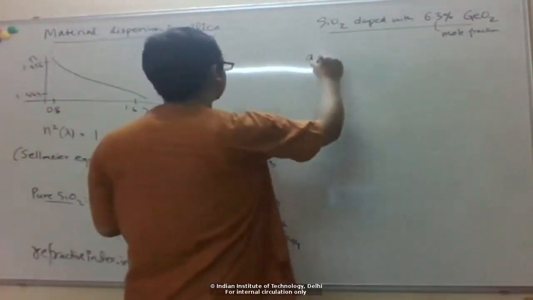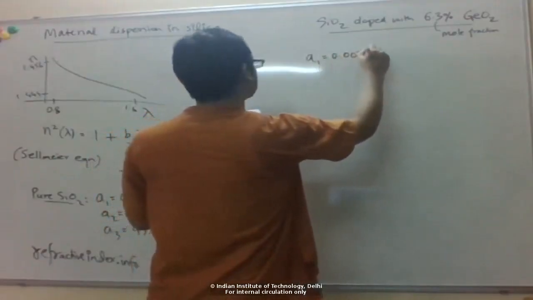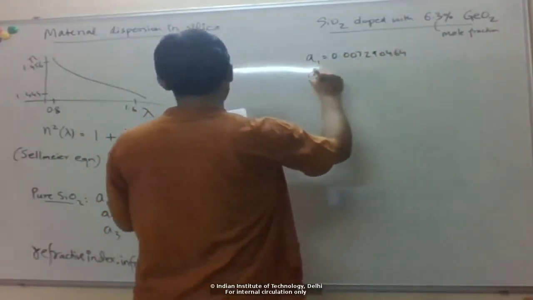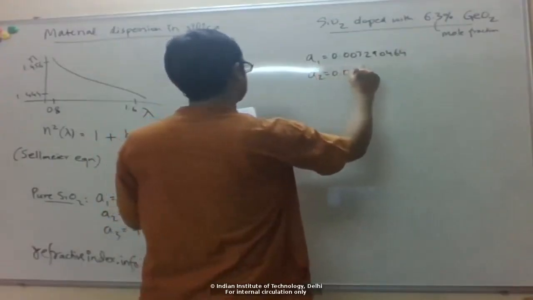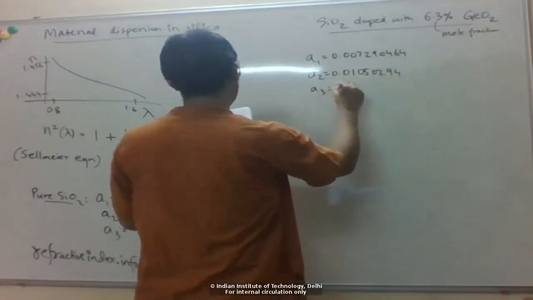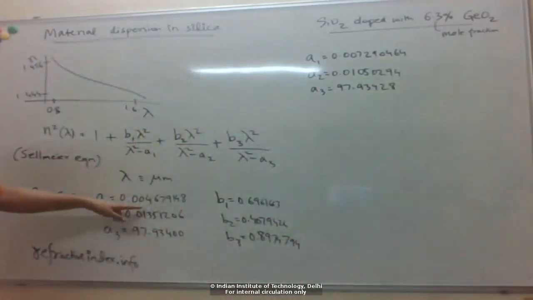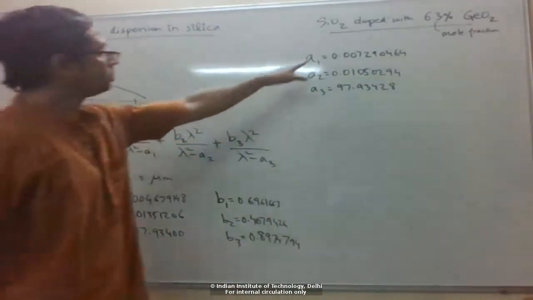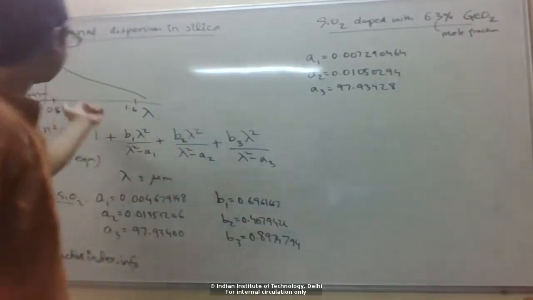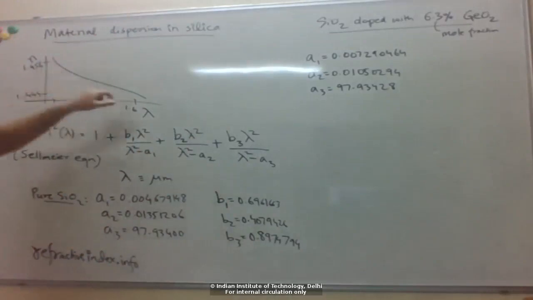So for example, now A1 becomes this. You can see the change here. It's not much, but it is significant when we look at the dispersion. Remember the dispersion is the double derivative of this curve.